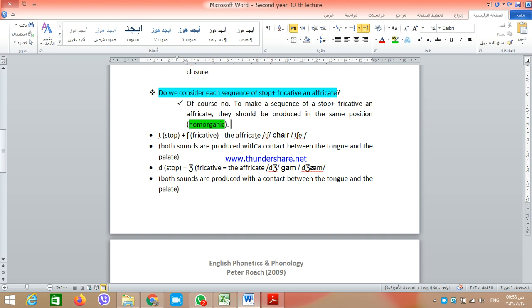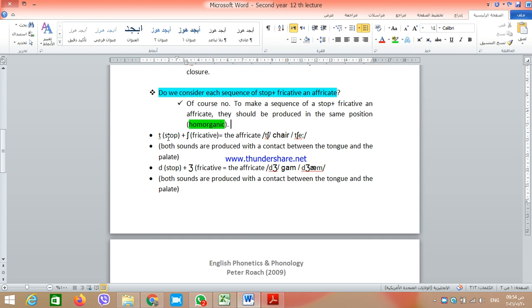Homorganic means the sounds are produced in the same place. So t and sh in the affricate ch are both made when the tongue is raised to be in contact with the palate, or with the alveolar ridge.